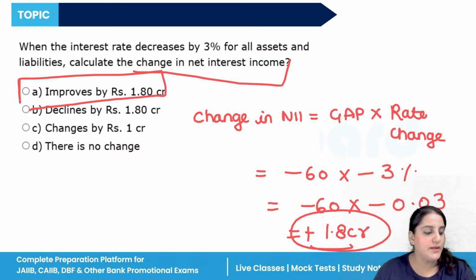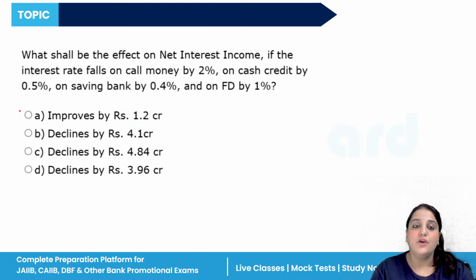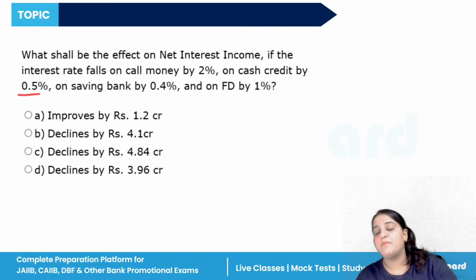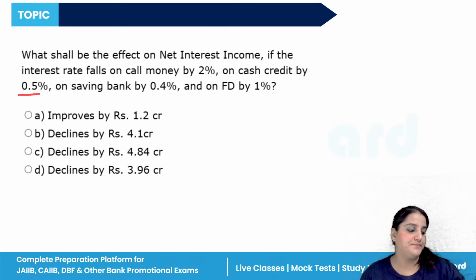Got it? What shall be the effect on net interest income if the interest rate falls on call money by 2%, on cash credit by 0.5%, on savings bank by 0.4%, and on FD by 1%?